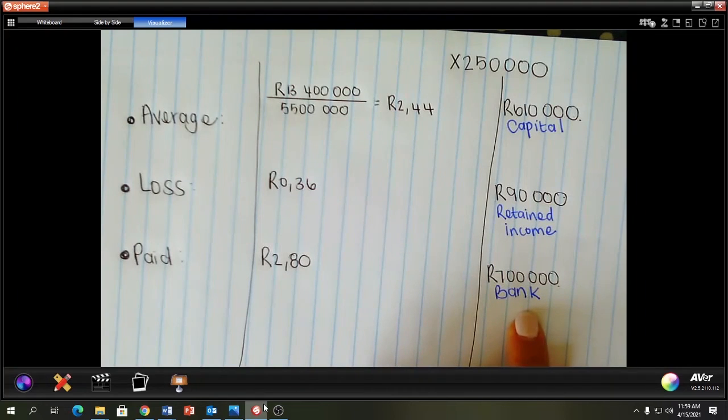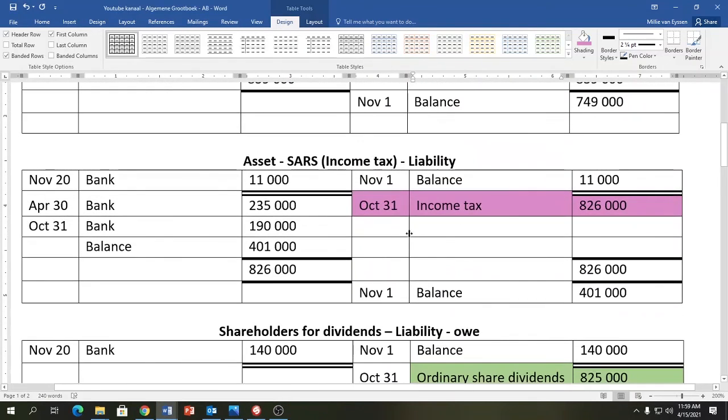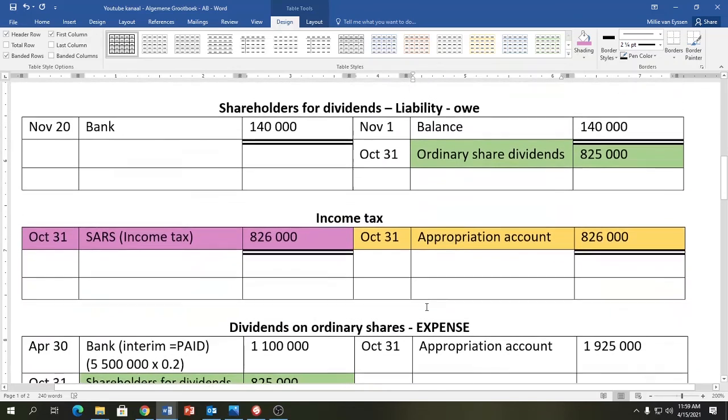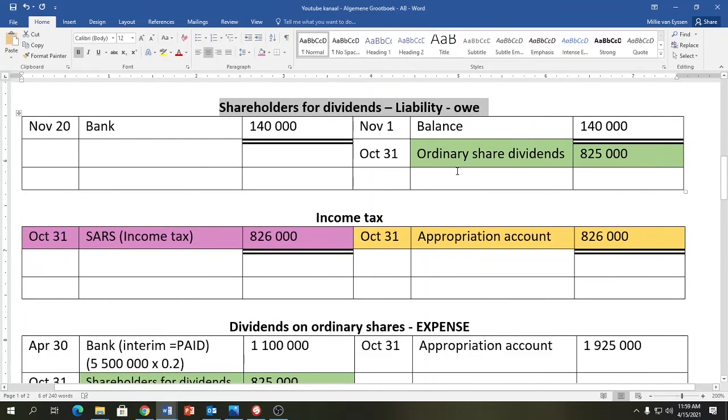You use it in the income statement, in the balance sheet, and the cash flow statement. Then you also need to understand how your SARS account works, that you can have a credit balance or a debit balance. You also need to make sure that you remember shareholders for dividends is a liability and dividends on ordinary shares is the expense.